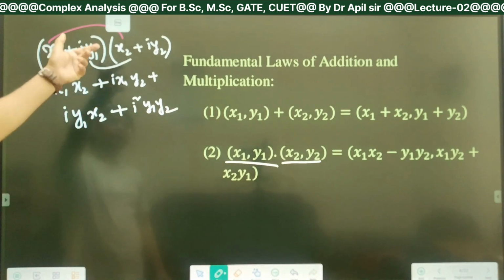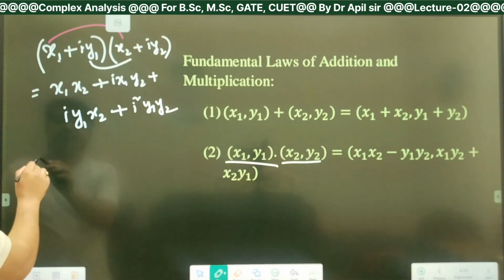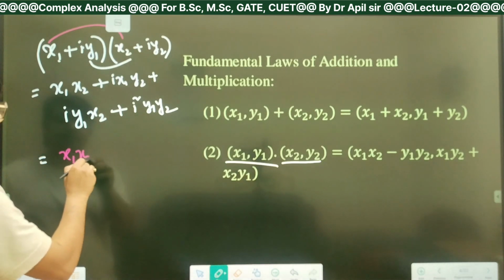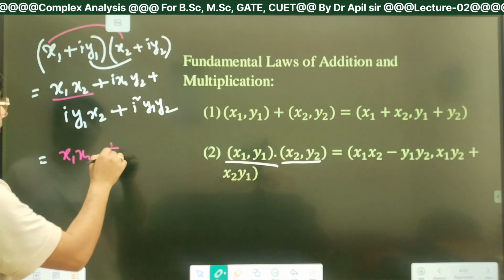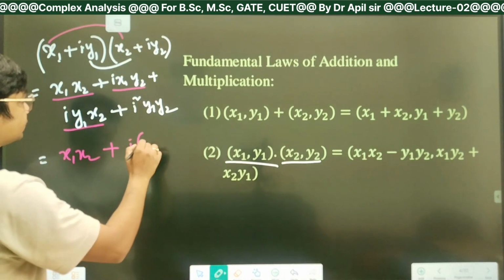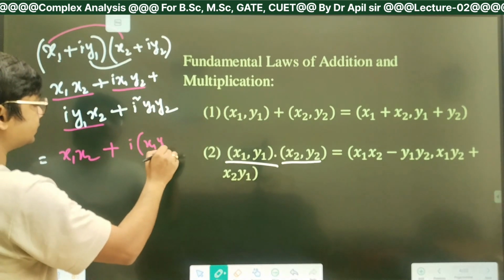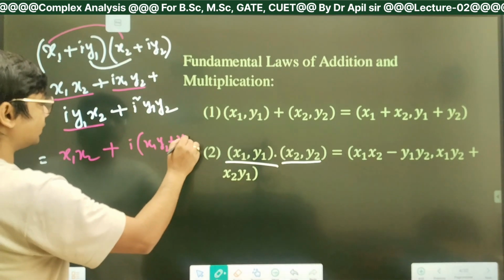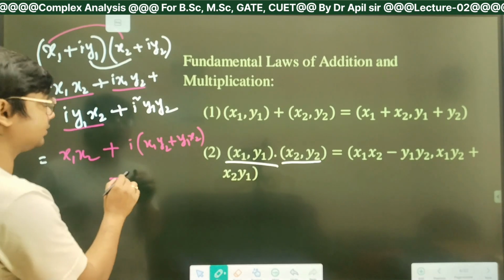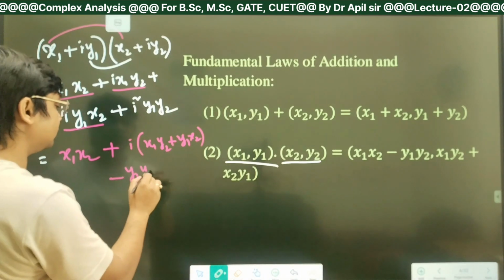So you try to multiply, okay? Then we get x1 x2 plus, taking i common, x1 y2 plus y1 x2, and this i square is minus 1, so this will be minus y1 y2.